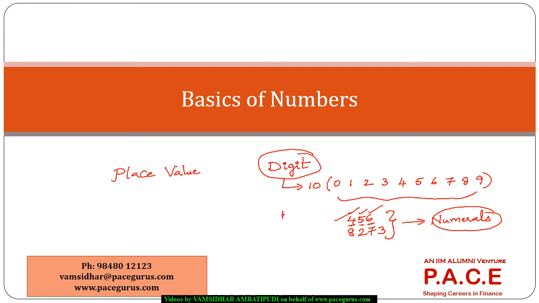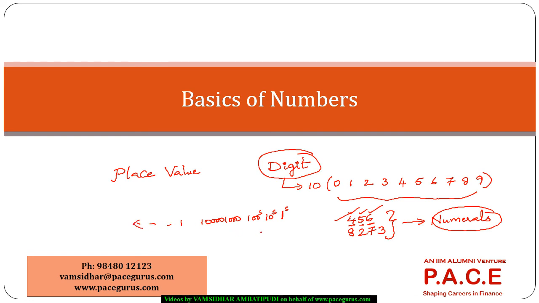So this is the ones place value. Then we have the tens place value. Then the place value is 100. Then thousands, 10,000s, a lakh, and so on.